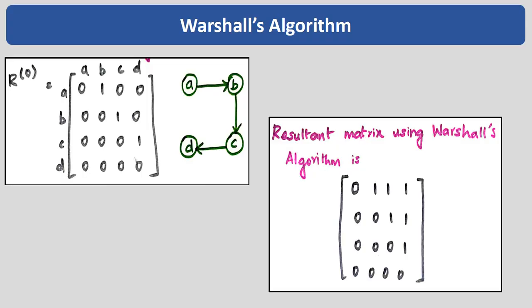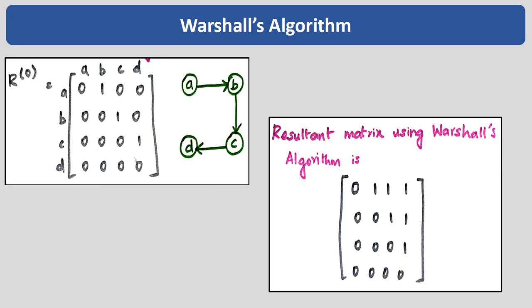So I have just pasted both R0 as well as our resultant matrix in the same slide. If you observe carefully, you can see the changes in the matrix. First one is R0 and on your right hand side you can find the resultant matrix. So in R1, A is an intermediate element. In R2, A comma B are intermediate elements.